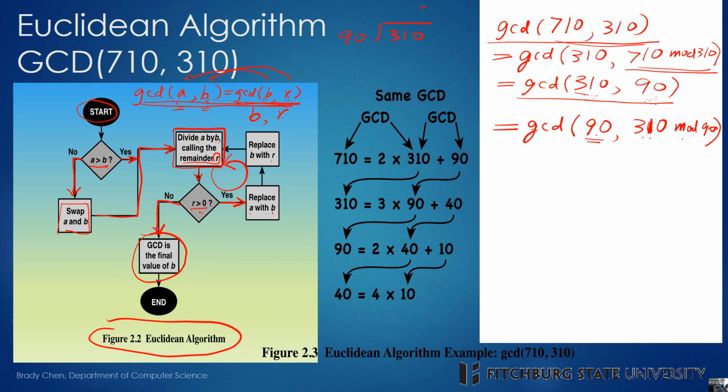We can say 3 times 90 is 270. 310 minus 270: 0 minus 0 is 0, and 11 minus 7 is 4, because we borrow 1 from the 100 position, so it's 40.